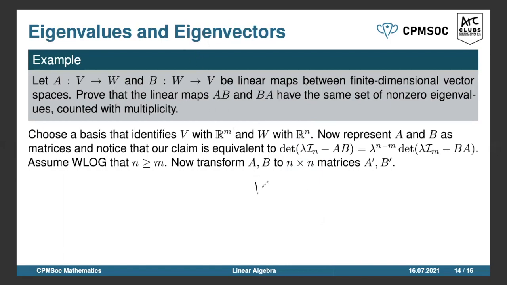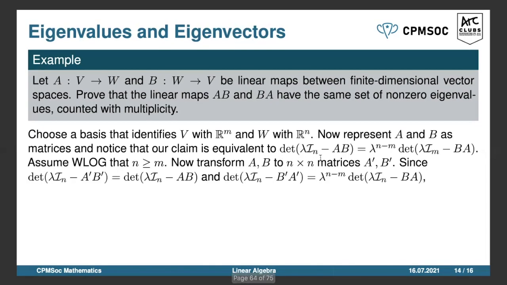to make them square. So if we have, for example, 1, 1, 3, 2, 4, 5, this is a rectangular matrix. We'll just add some zeros here to make it square. So now that we have two square matrices, the determinant of this equation in terms of the transformed matrices is the same as this determinant here.